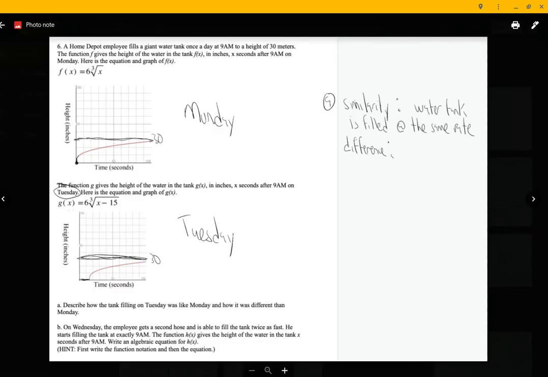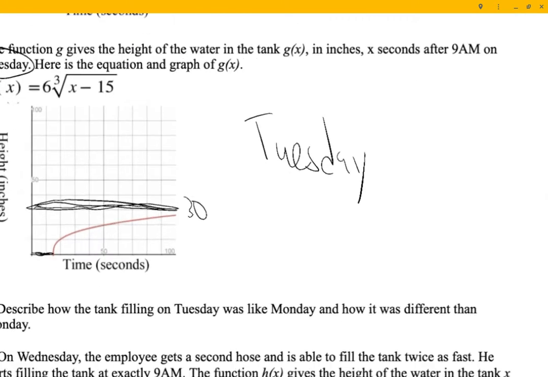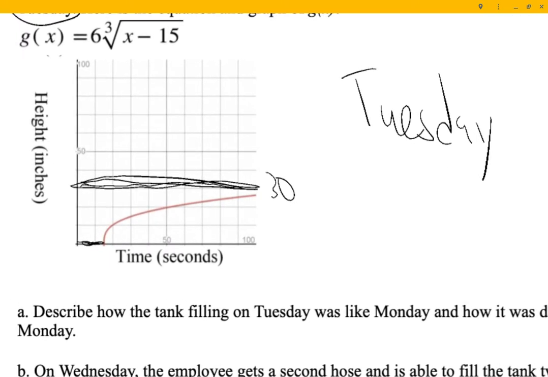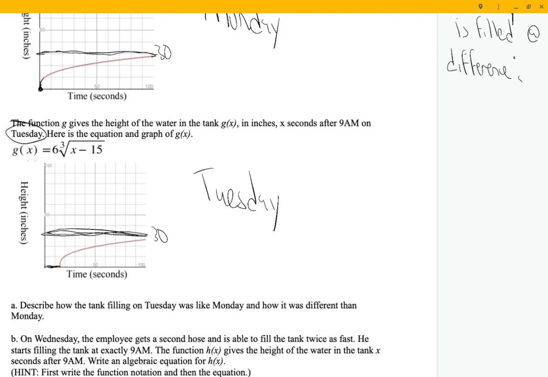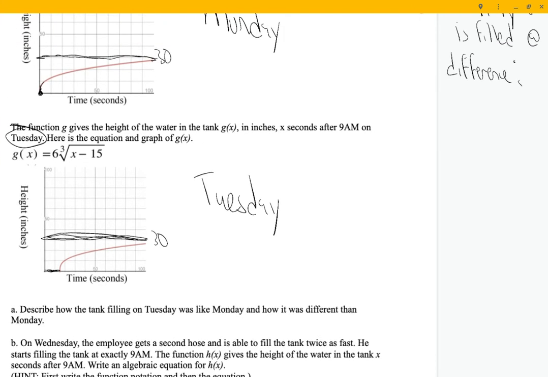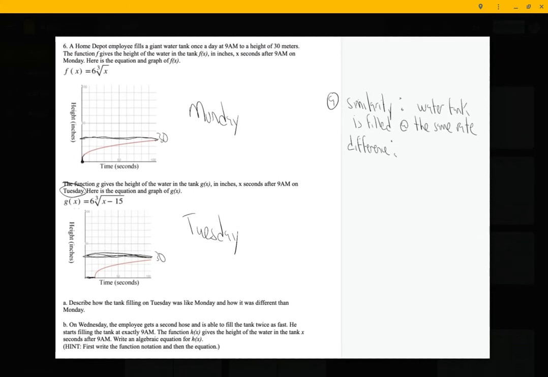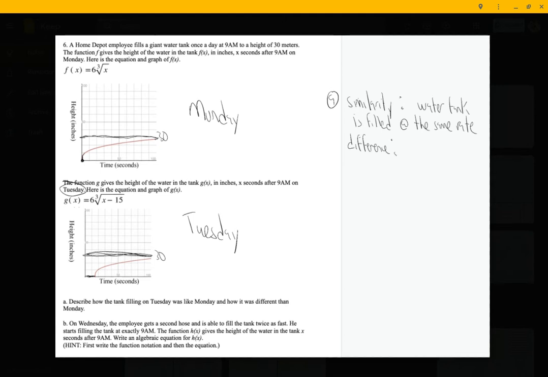So if we look here, each of these tick marks is going to be 10 seconds apiece. So this is between 10 and 20. So it's starting at 15 seconds. Here it starts at 0. Here it starts at 15 seconds.